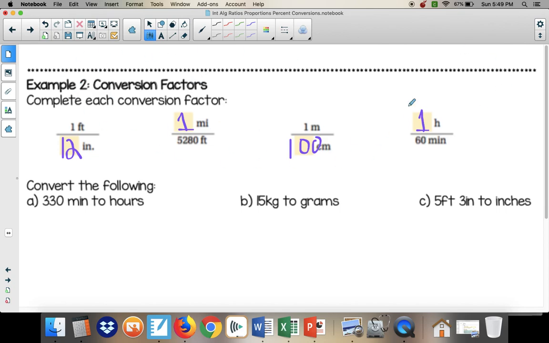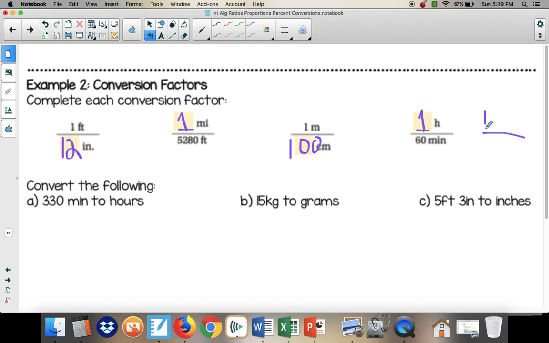So this here will help us be able to get through some conversions. But if you look at it, we have minutes and hours, kilograms and grams, which you don't have here, inches, or feet with inches. So let's do one more. Let's look up 1 kilogram to grams.